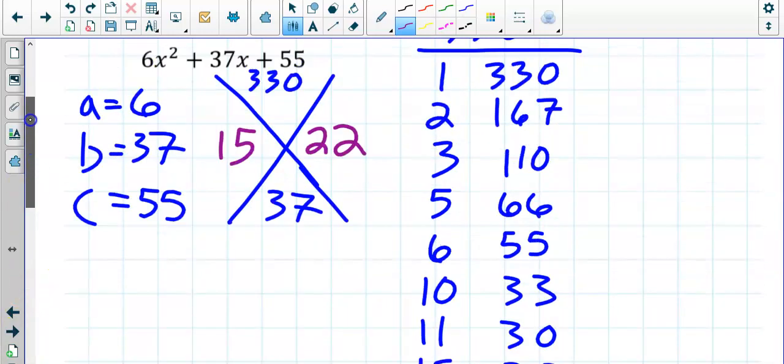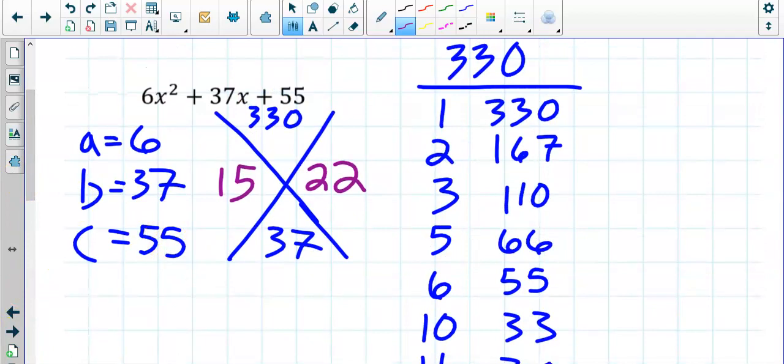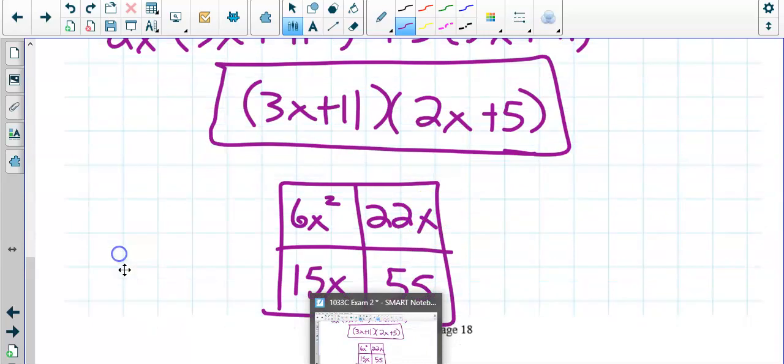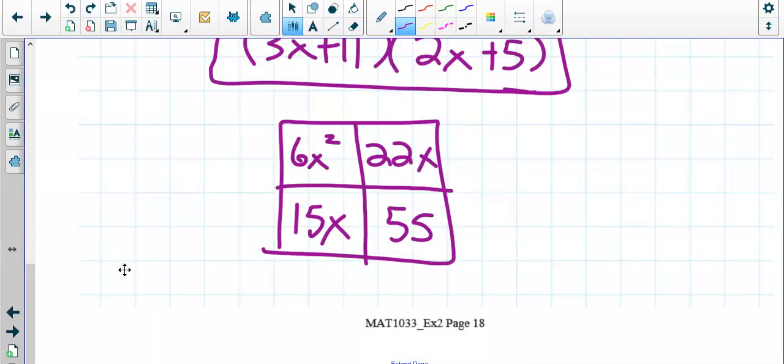Remember, that was from playing the game. And then that means the 22 goes here with the x. So what is in common in this first box? What do they both have? 3x. What is in common in this second box?